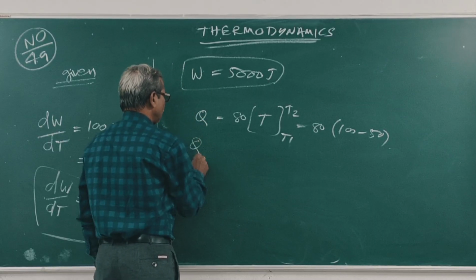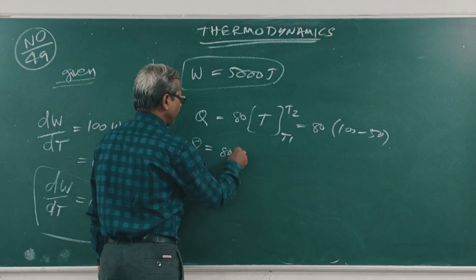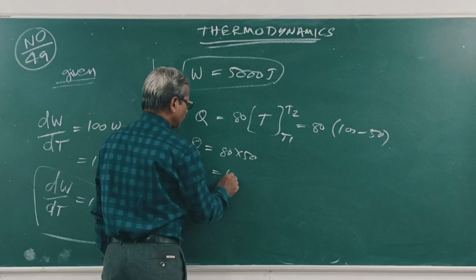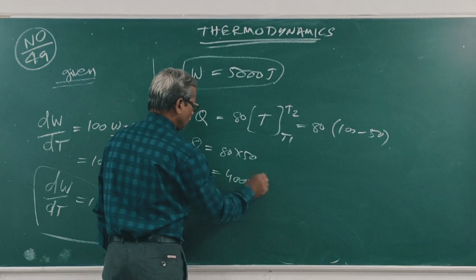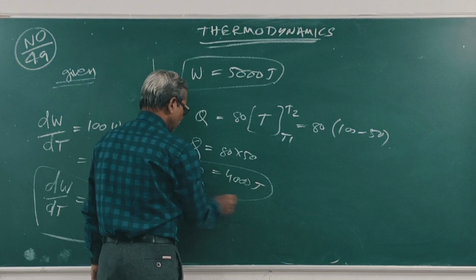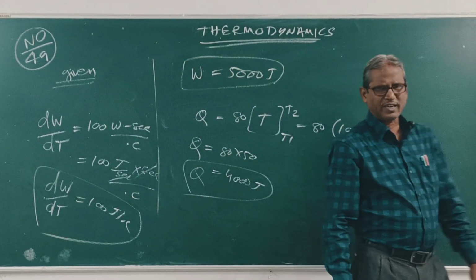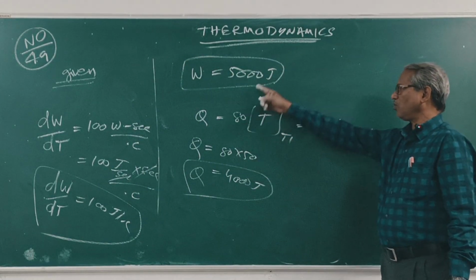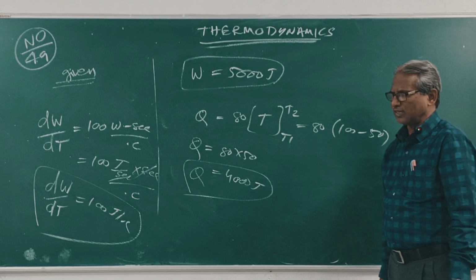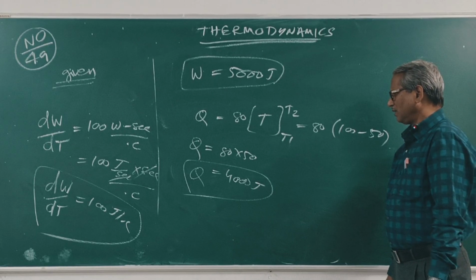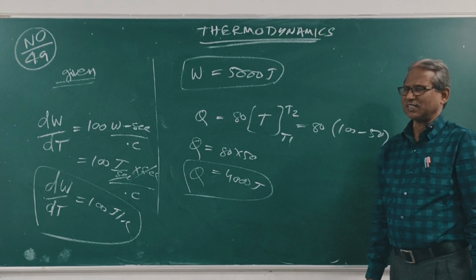What is Q? 80 into 50, which is 4000 joule. This is Q, the heat transfer, and W is the work transfer. Now the question is to find the change in internal energy.